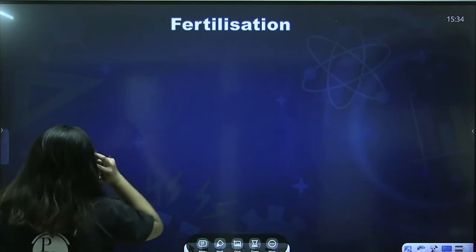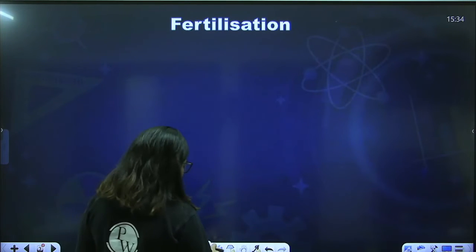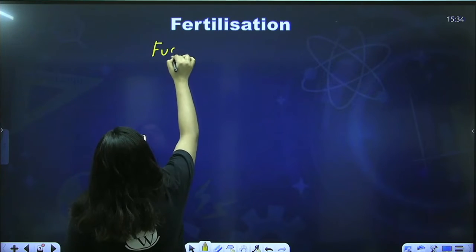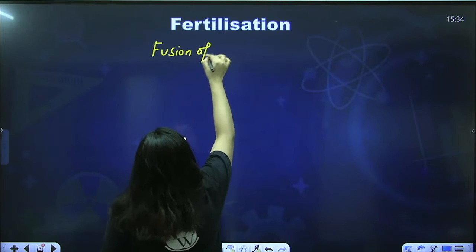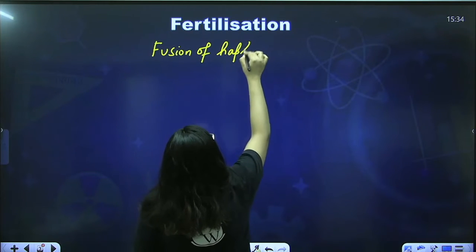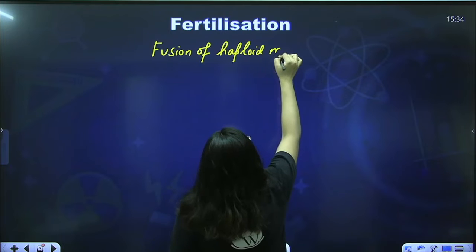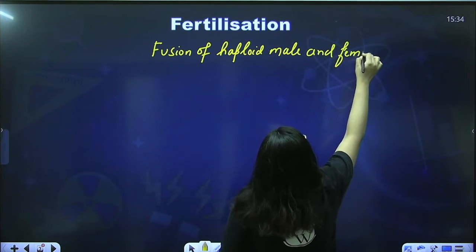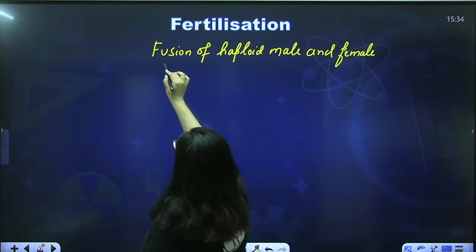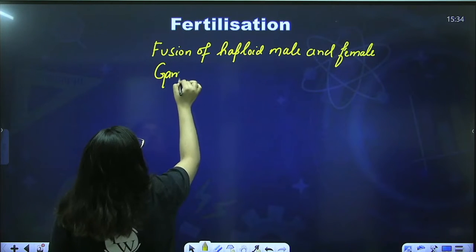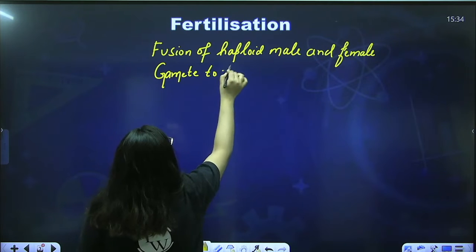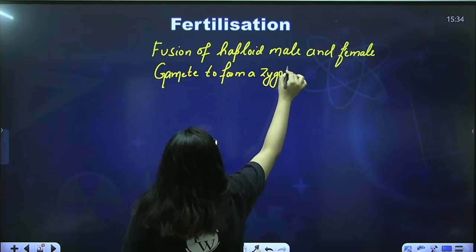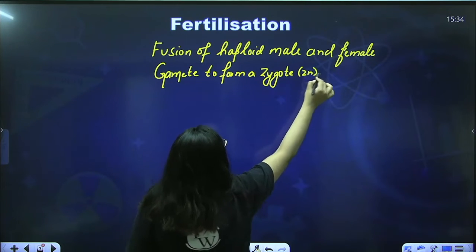First of all, what is fertilization? It is a fusion of haploid, haploid means N, haploid male and female gamete to form a zygote, which is diploid, right?